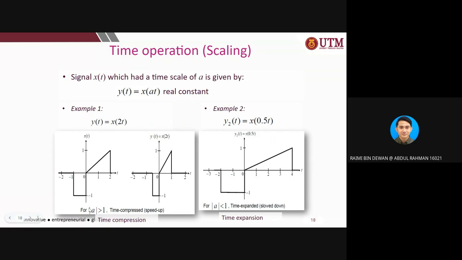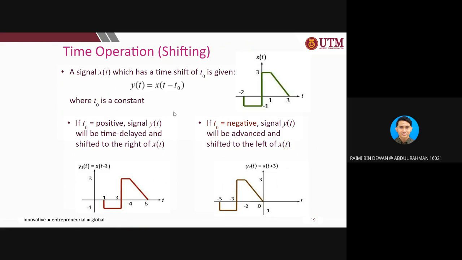If the magnitude of a is greater than 1, the time will be compressed, so the signal will be sped up. If the modulus is less than 1, the time will be expanded, so your signal will be slow. Then you also learned about time shifting. The signal will be either time delayed or time advanced.